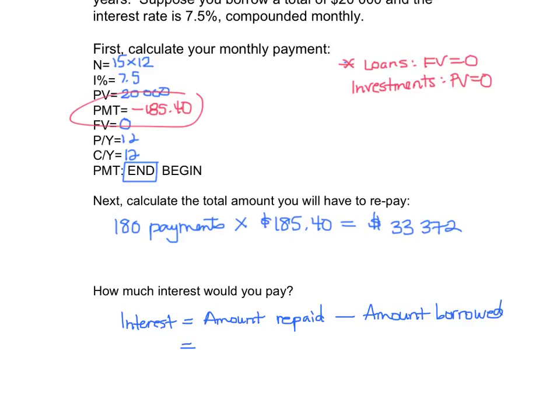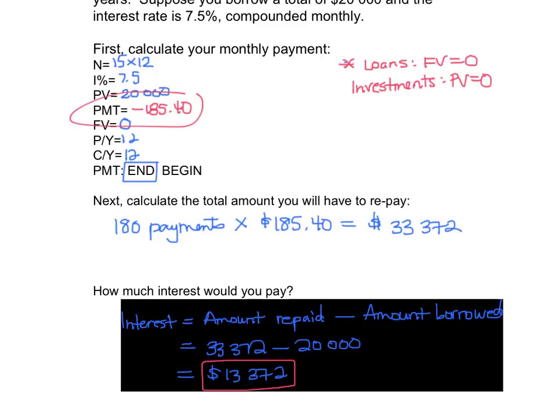So we just calculated the amount we repaid to be $33,372, and the amount we borrowed was $20,000. So the interest we paid back to the bank is $13,372. Now, bearing in mind that you only borrowed $20,000, that shows you that a significant amount of what you repay will be interest. That's more than half of what you borrowed that you're going to pay back in interest.